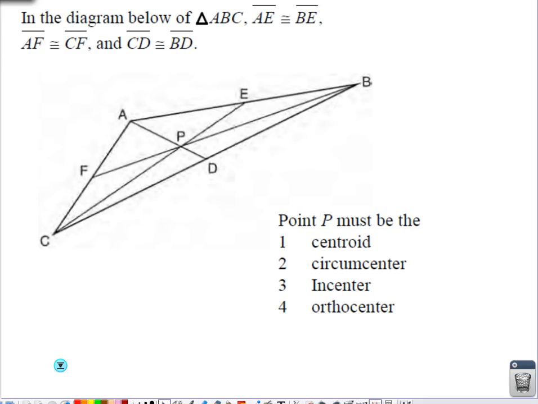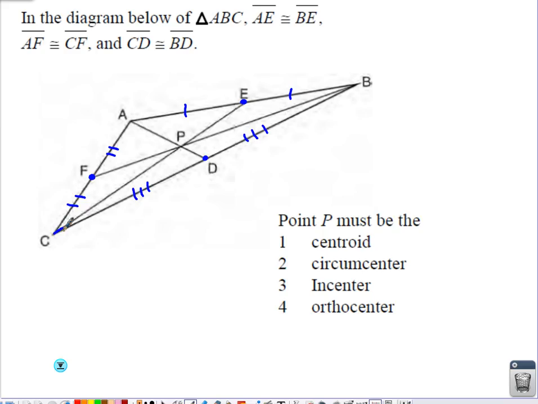Perfect. In the diagram below, AE is congruent to BE, so that makes E the midpoint. Everybody understand that? AF and CF are the same, which makes F the midpoint. CD and BD are the same, which makes D the midpoint.